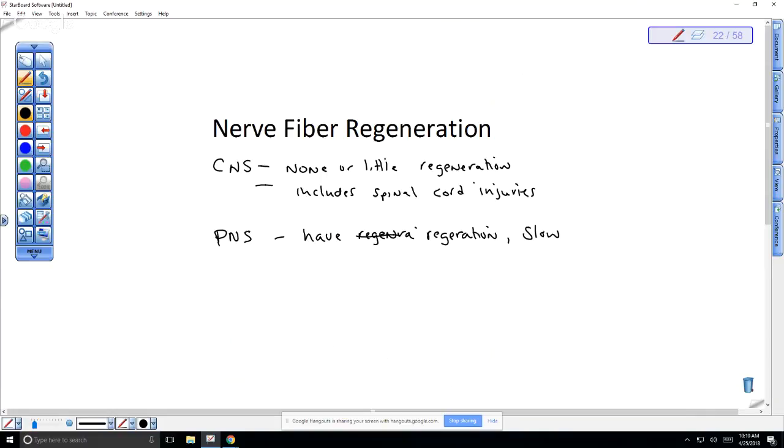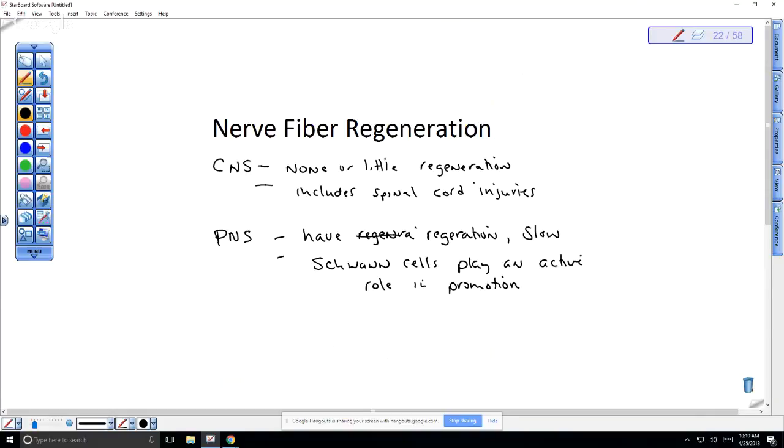The pieces of the fiber have to be close together. The reason for this is that Schwann cells play an active role in the promotion of regeneration.